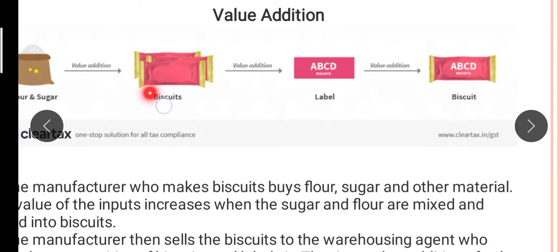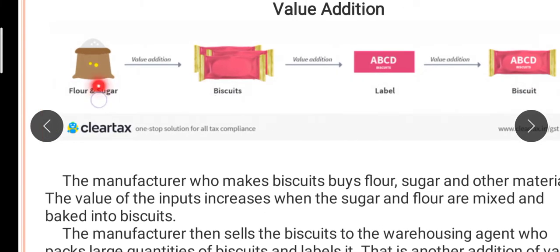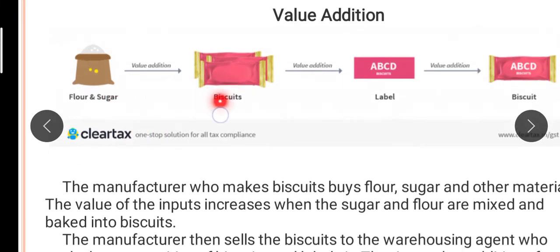So for example, the flour and sugar have a price of 1000, so firstly the GST is calculated on this 1000 value. Then after producing the biscuit, the price of this is 1500. So in the next stage how much value is added? 500.